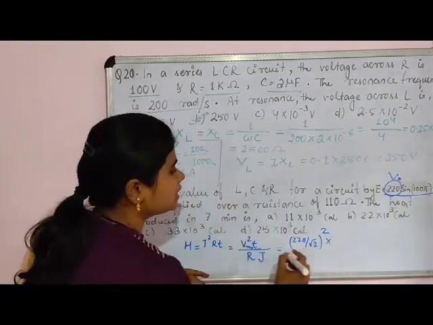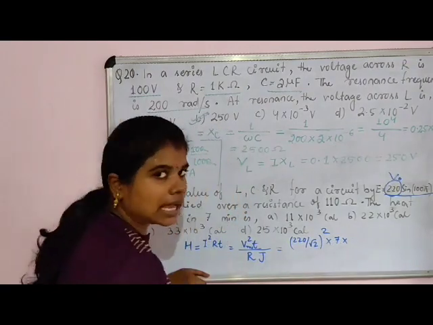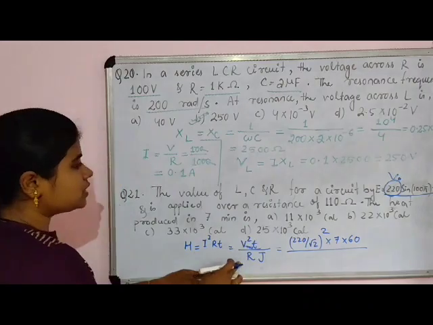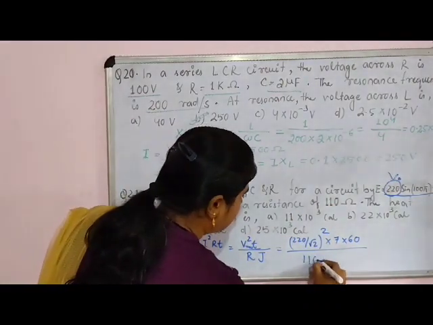T is given as 7 minutes, so we can convert it into seconds, that is 7 into 60 seconds, divided by the resistance, which is given to us as 110 ohm.